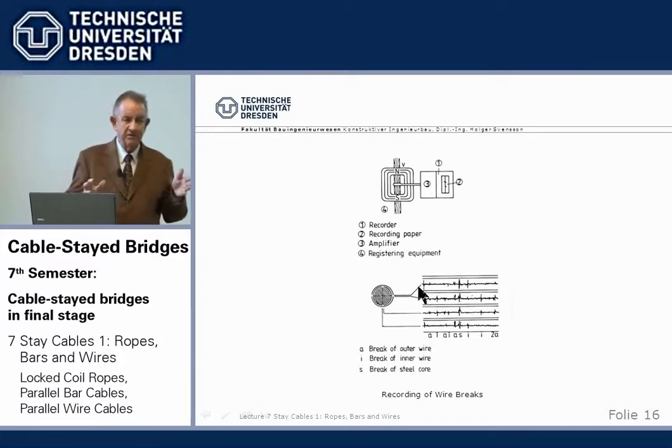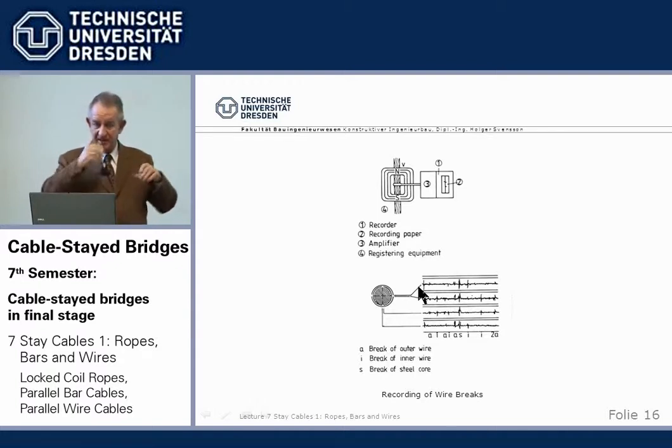A small number of broken wires doesn't matter, and because of the coiling and the transverse contraction, after, say, 2 meters, a broken wire, due to friction, again bears the full load. That's an example from the coiling.